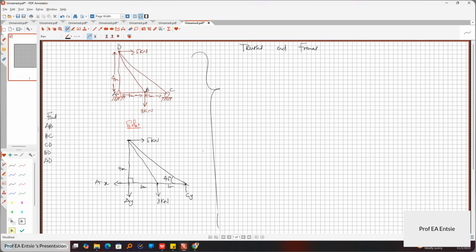Then here we don't know, so we need to find the angle. You can use opposite and adjacent. Tan theta is opposite over adjacent, and theta will be tan inverse of 1.33. I will quickly calculate that: tan inverse of 1.33.